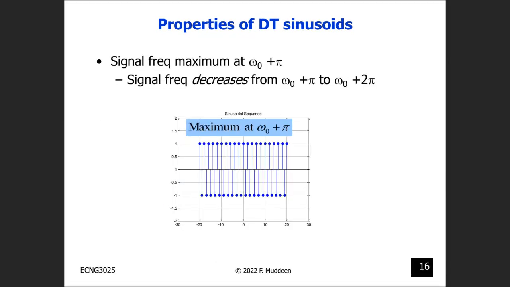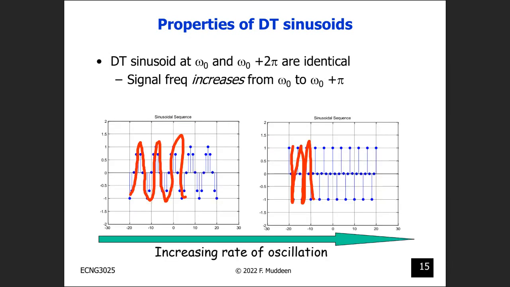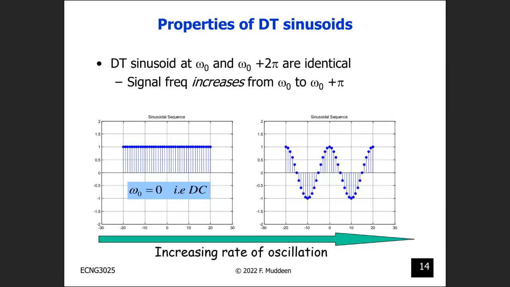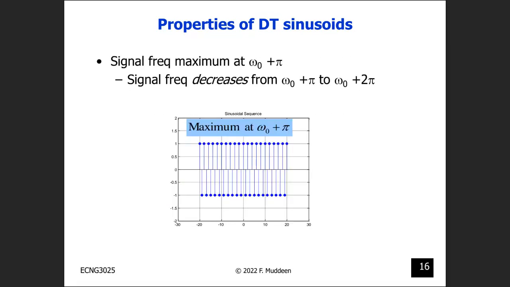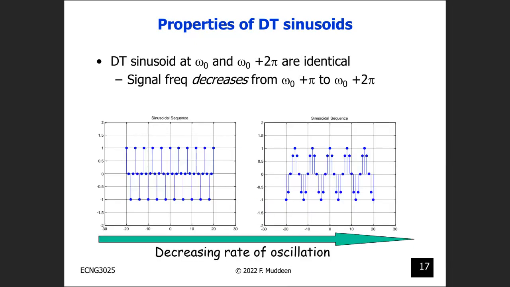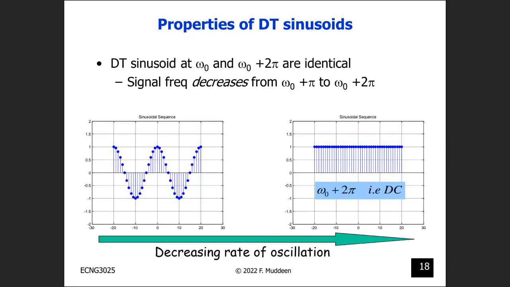You're just going from positive to negative, positive to negative. In your mind, yes, this is now a higher frequency than this was. And then if we keep increasing omega beyond pi, it starts to go back the other way. And then eventually when we reach 2 pi again, it's back to DC.